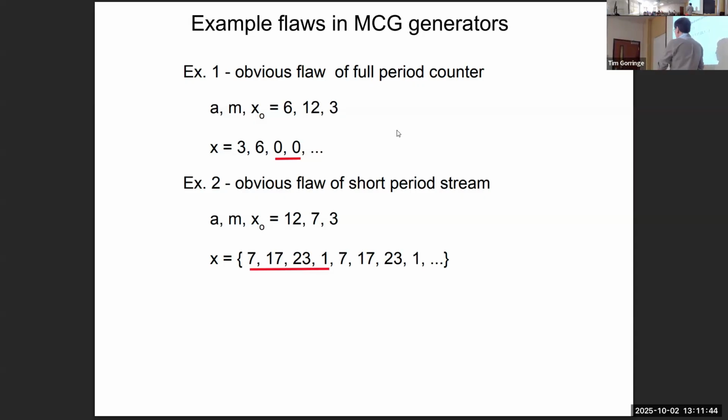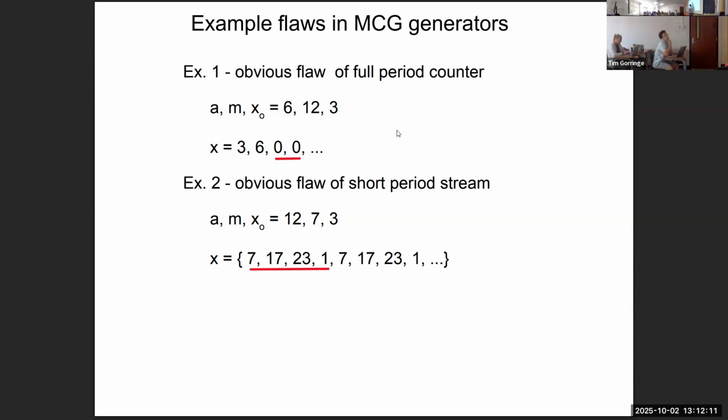I put these two in because they show a couple of the major flaws that happen with bad choices of A. Look at this one, this is the clock face modulus. It's not a prime, so it's going to suffer problems. I chose 6 as my multiplier.